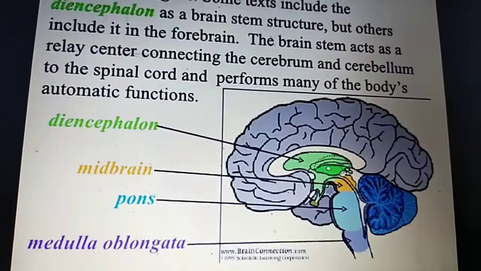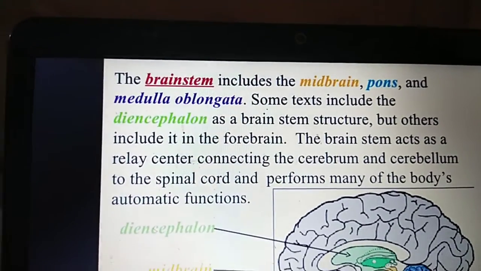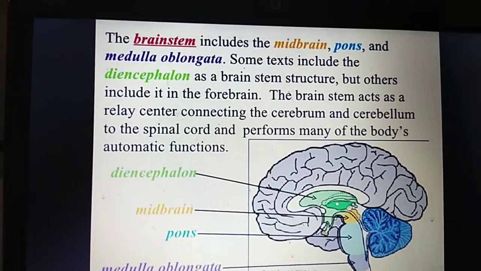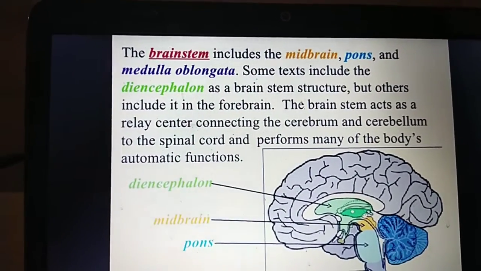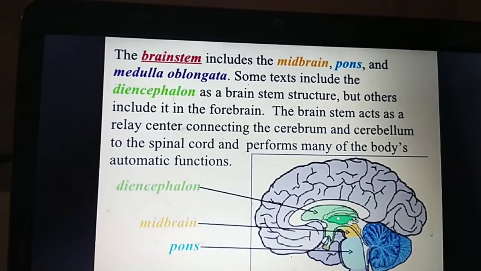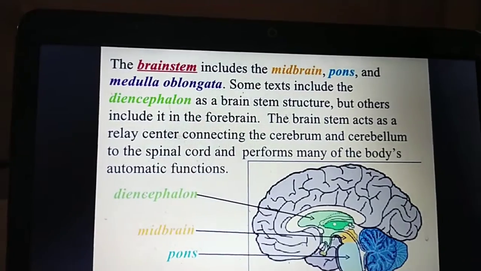The brainstem includes the midbrain, pons, and medulla oblongata. Some texts include the diencephalon as part of the brainstem, but others include it in the forebrain.